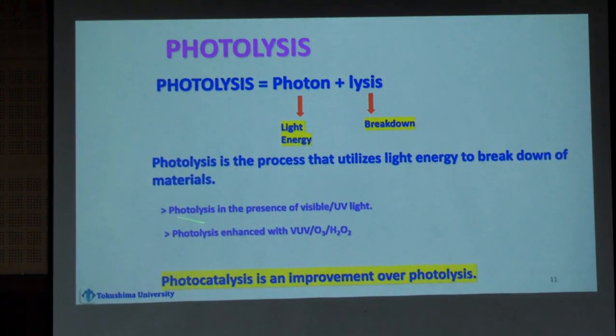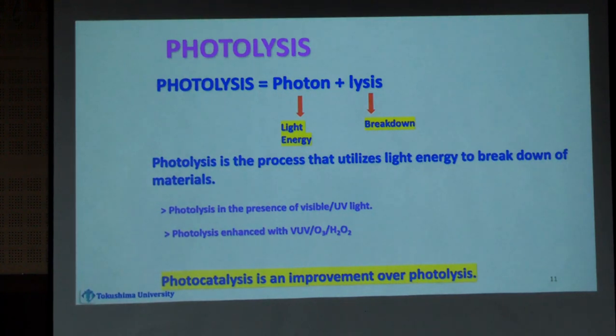Photolysis can be done in the presence of visible or UV light. So we need some kind of light to do photolysis. If you want to do electrolysis, you need some kind of electricity.